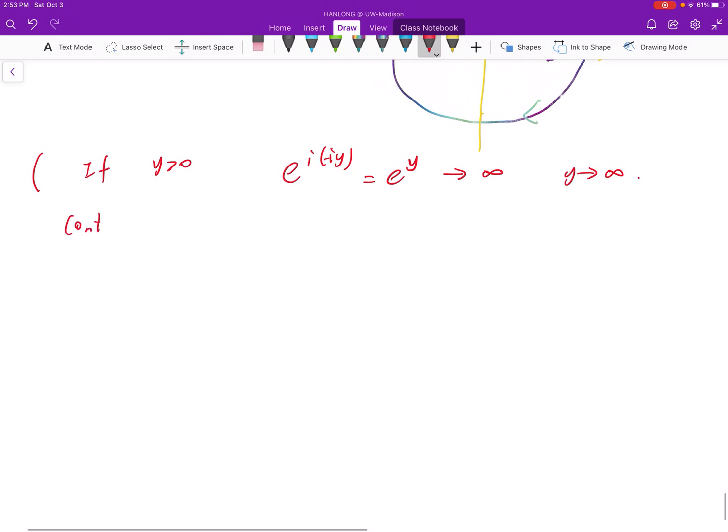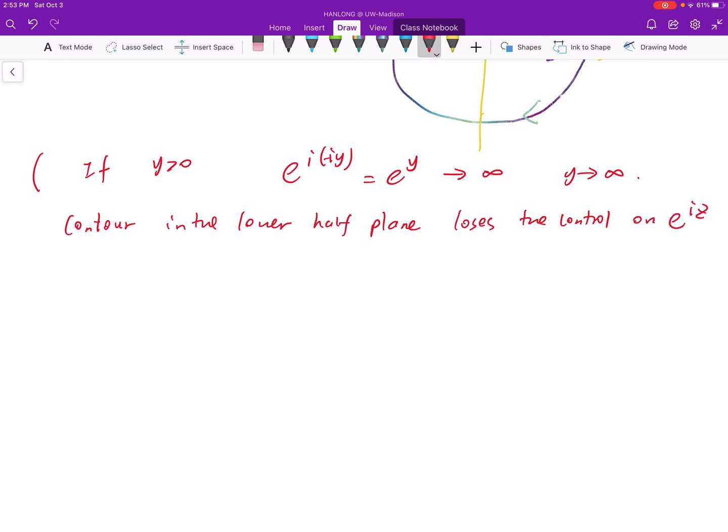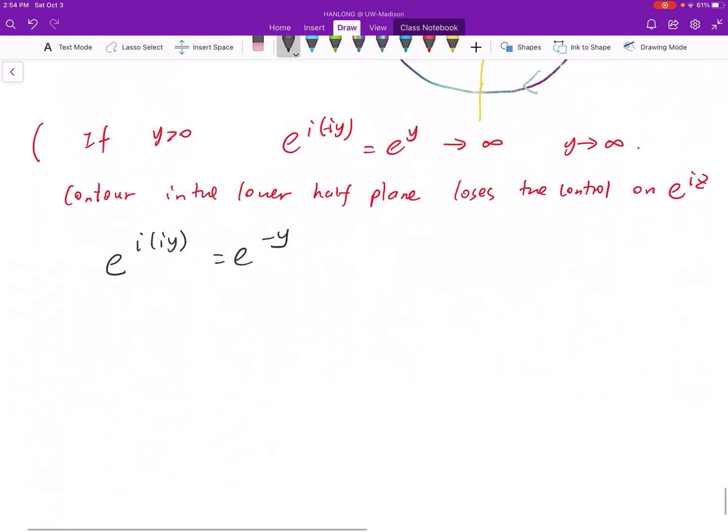Therefore, the contour in the lower half plane loses control on exponential i z. Similarly, we still let y be positive, then exponential i times i y, in the upper half plane, is exponential negative y. Oh, sorry, your function now is this one.